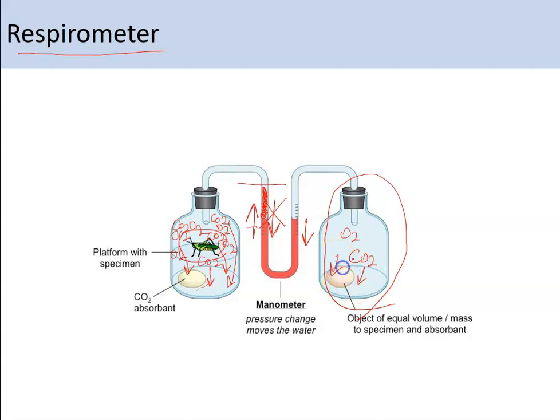So whatever is causing the movement of the oil color should be just the usage of the oxygen. Here, because of the insect, the oxygen will be used, but here we don't have any insect, so no oxygen is used. The level is not changed and nothing happens to the pressure in this bottle. That's the way we can control and say the only reason the oil is moving is because of the usage of the oxygen.